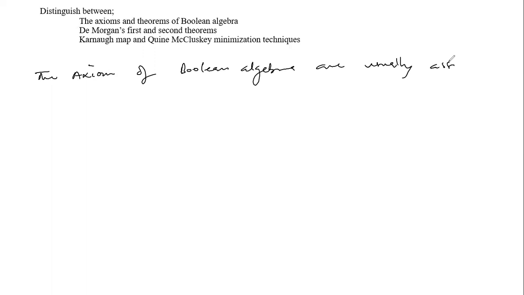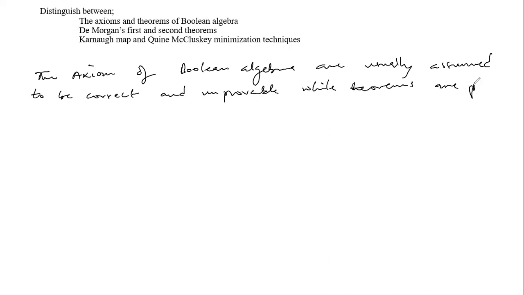So we say the axioms of Boolean algebra are usually assumed to be correct and unprovable, while theorems are provable.